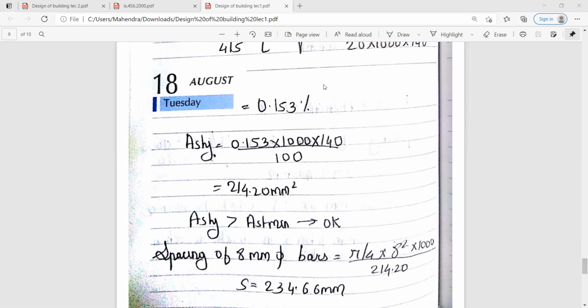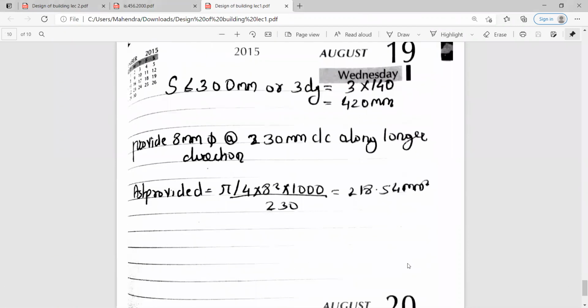Yes, should I proceed further? Okay. So S is less than or equal to 300 mm or 3 into dy.